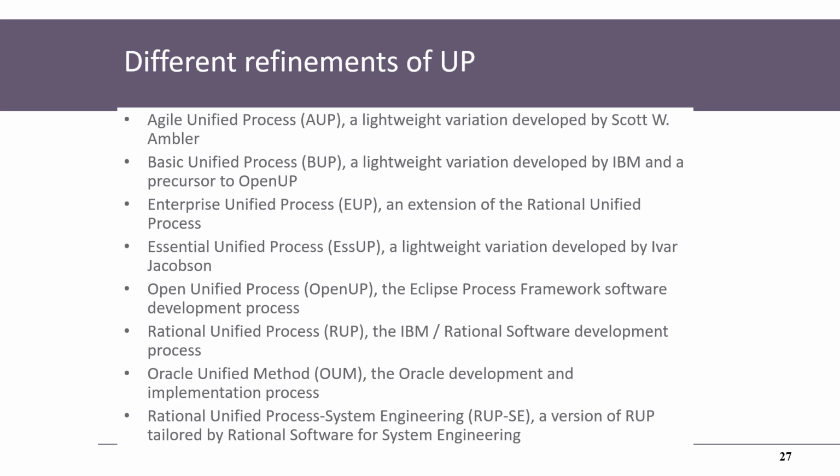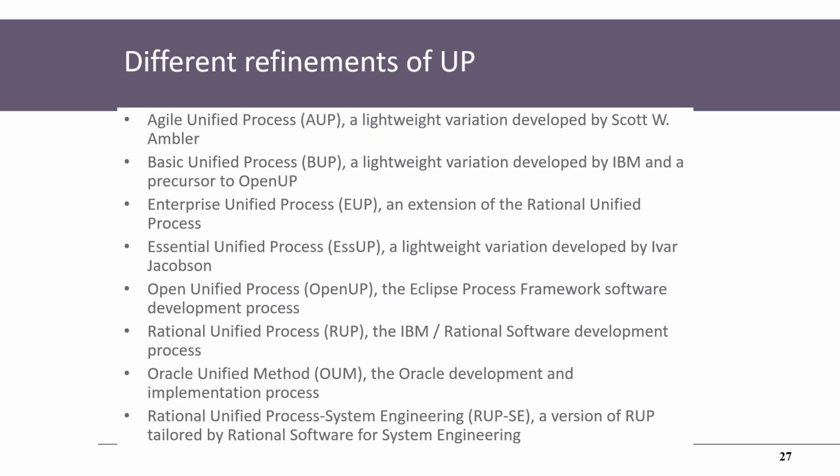Basic Unified Process was an earlier one developed by IBM, which today has become a popular one known as Open Unified Process, available in the Eclipse framework, most of the time promoted especially as a free, open unified process model.